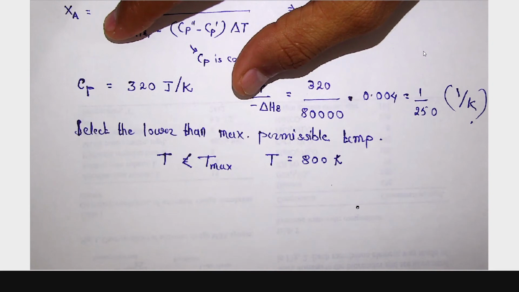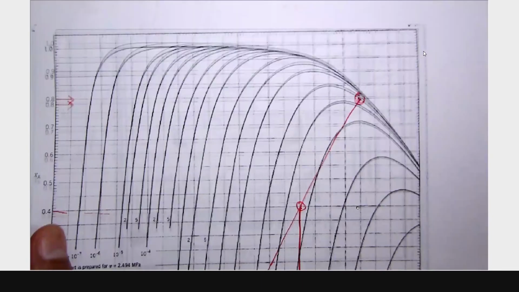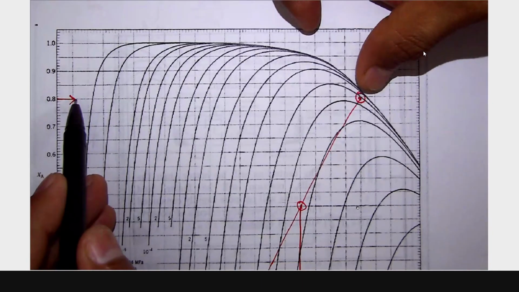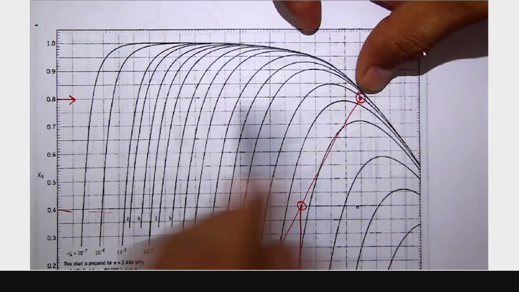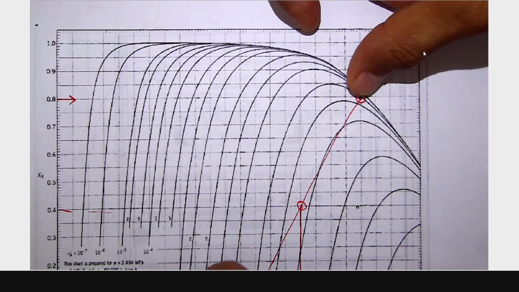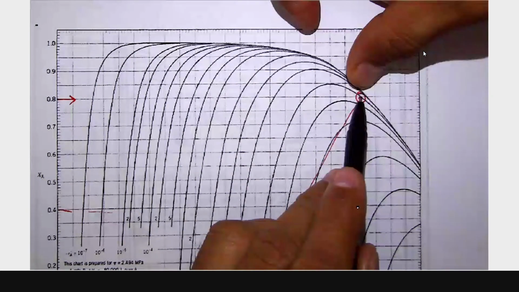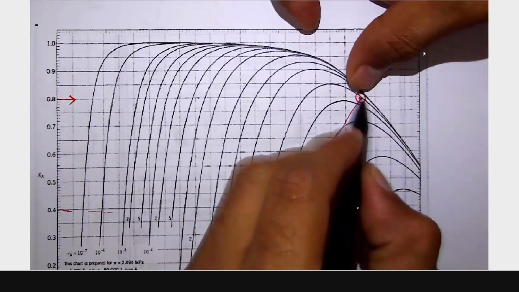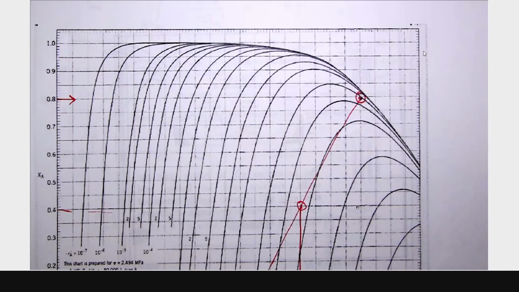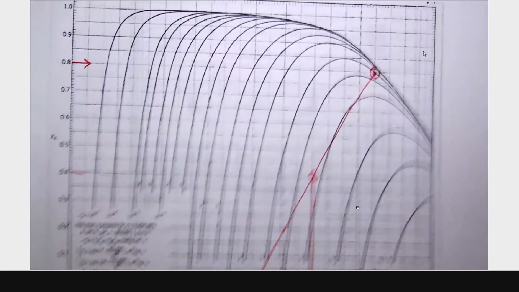For this reactor, we are taking the maximum as 800 degrees, which we are reaching because of the exothermic nature. And the maximum conversion we needed is 0.8. So we are getting this point. See this figure. If it is asked in the exam, you should keep it ready with you.